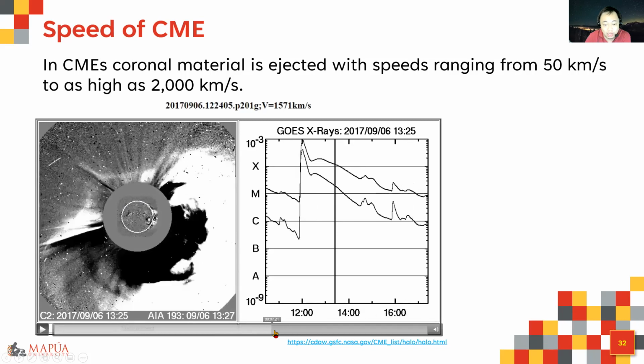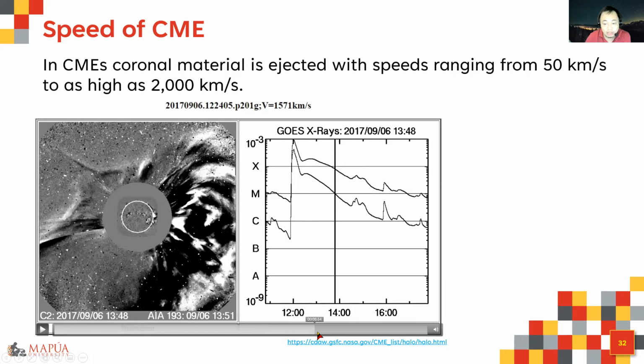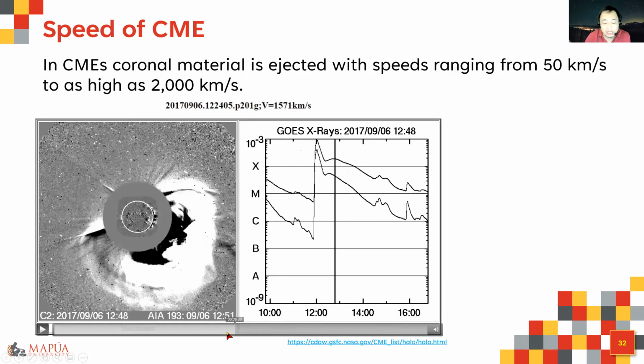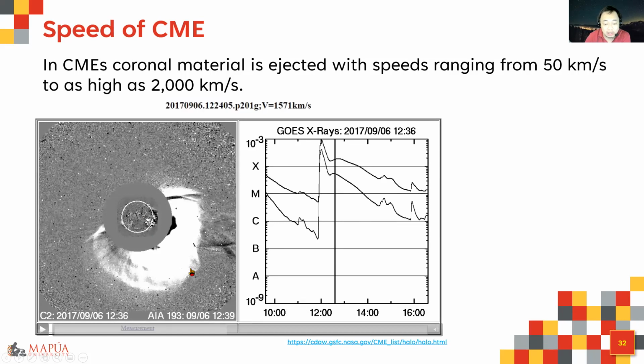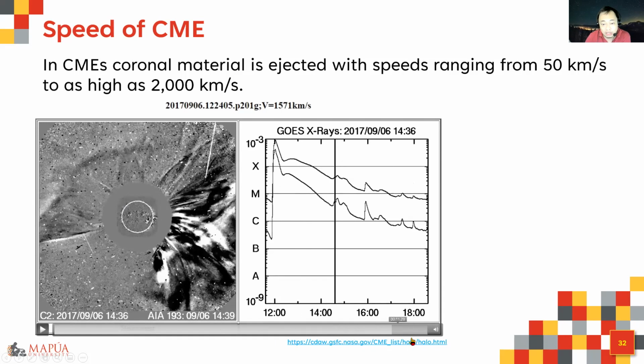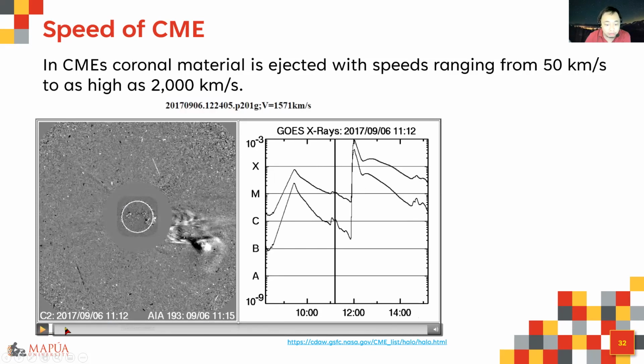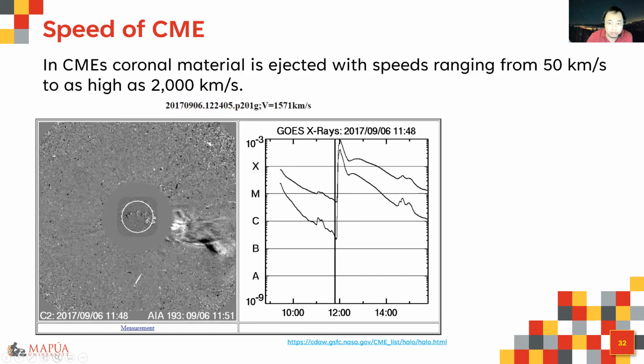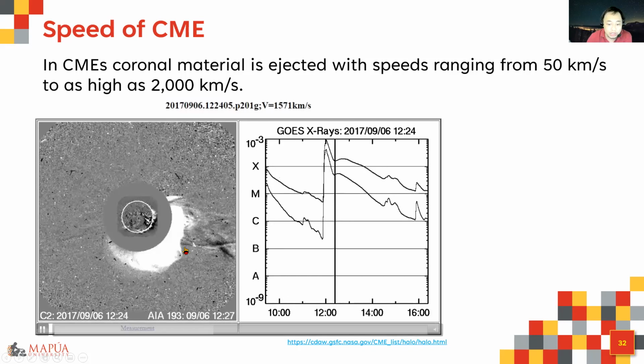Same goes here, etc. So by measuring the distance from the center of the sun of some of the edges as a function of time, we can estimate the speed of the coronal mass ejection.